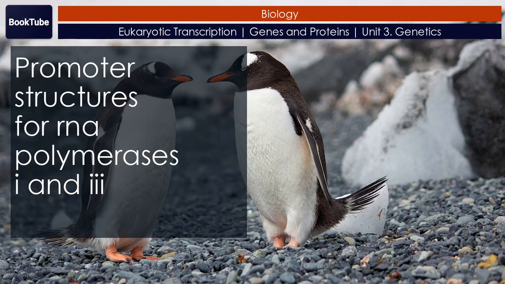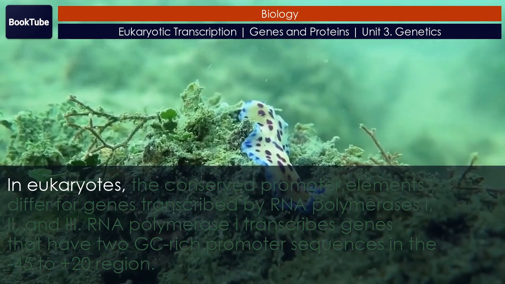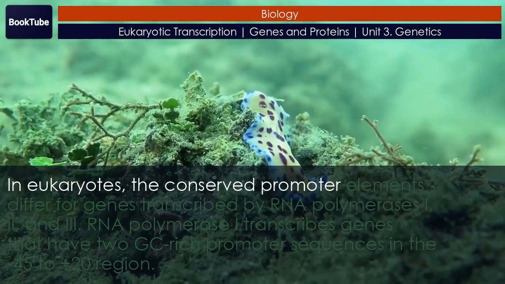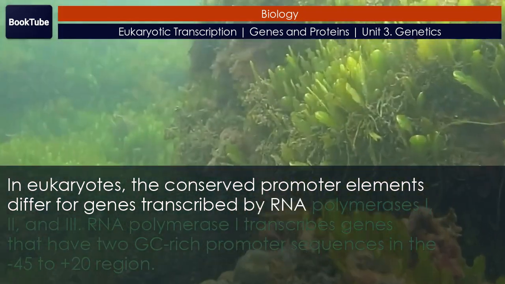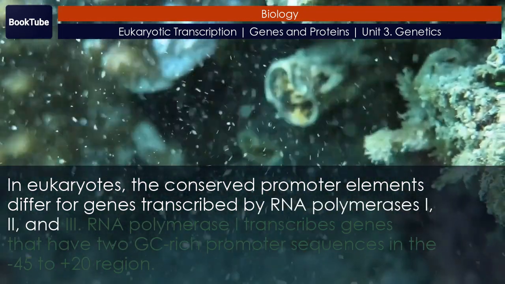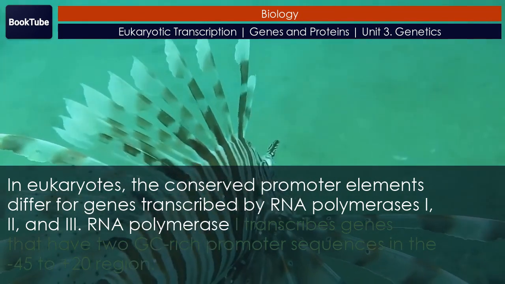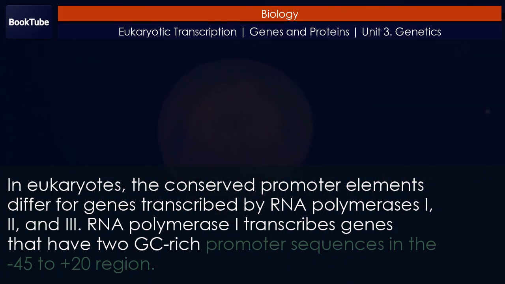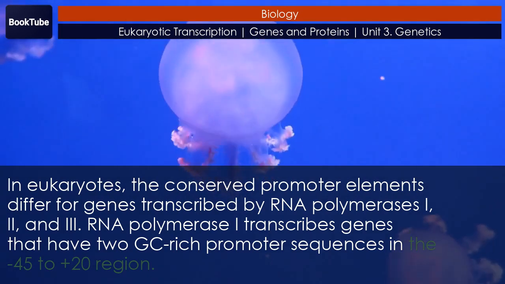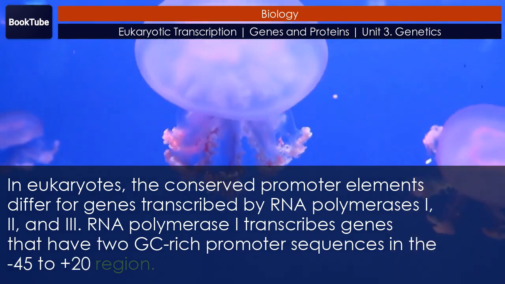Promoter structures for RNA polymerases I and III. In eukaryotes, the conserved promoter elements differ for genes transcribed by RNA polymerases I, II, and III. RNA polymerase I transcribes genes that have two GC-rich promoter sequences in the -45 to +20 region.